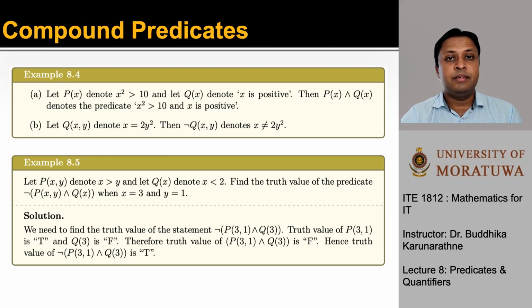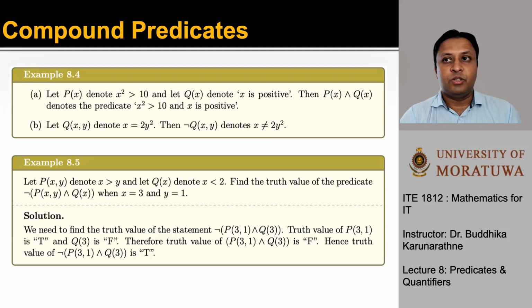We need to find the truth value of the statement negation of P(3,1) conjunction Q(3). We find that the truth value of P(3,1) is true and Q(3) is false.